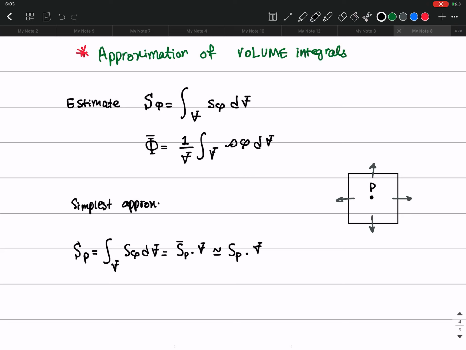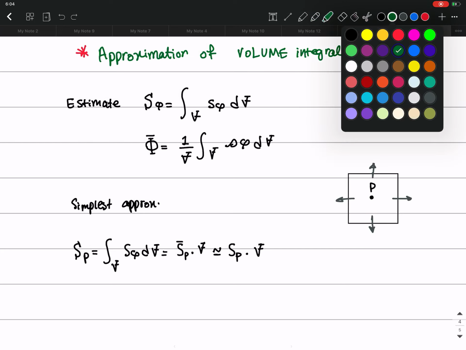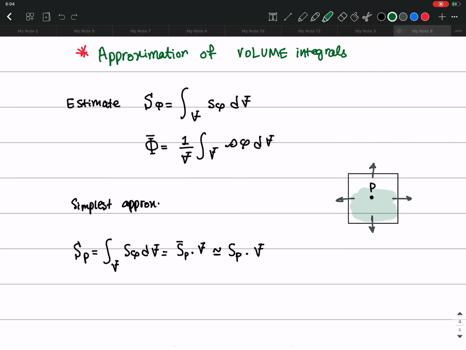So approximating the average value of any scalar here, or any quantity that we want to approximate, with the value at the center.